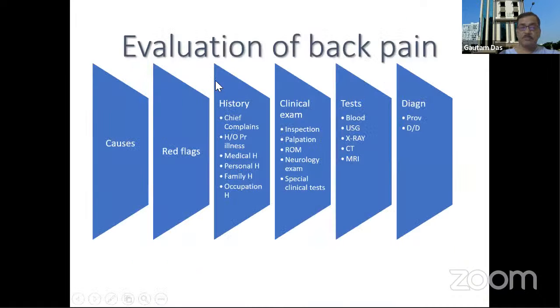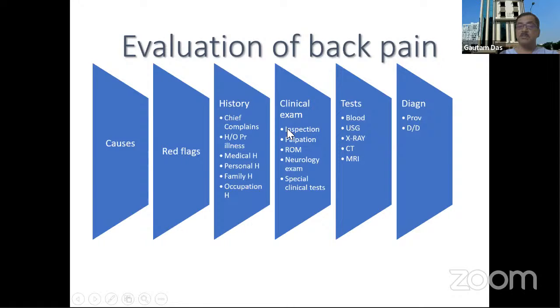So this was the steps. Just now, as I told, we should start by remembering the causes, remembering the red flags, and then comes history. In the history, chief complaint, history of present illness, which again is a long list. Then medical history, personal history, family history, occupational history.